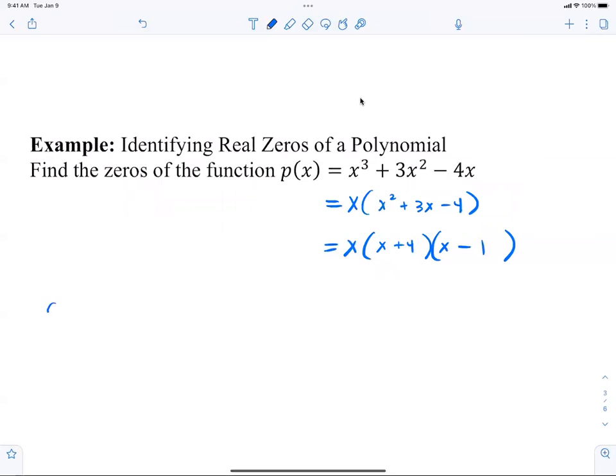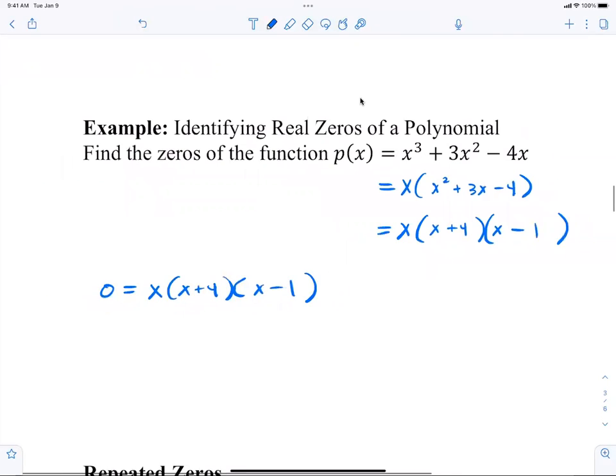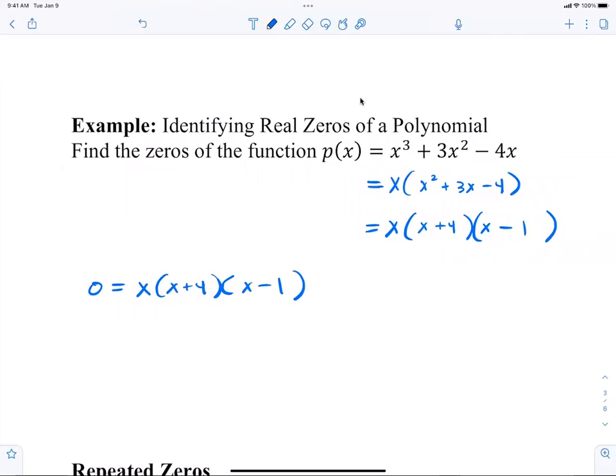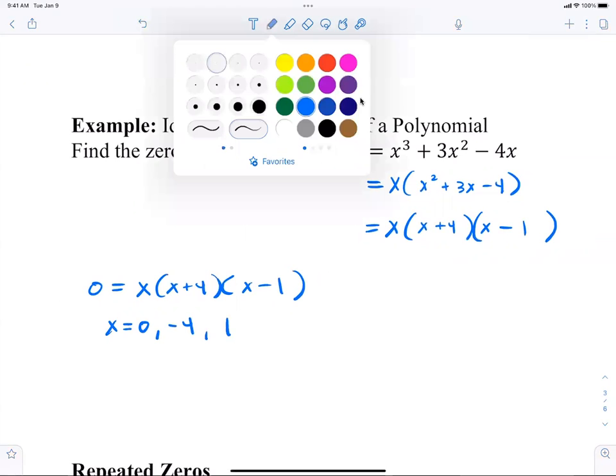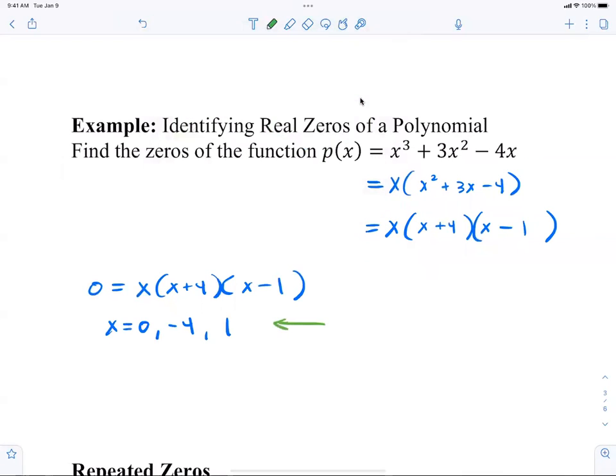So if we were to set that equation equal to 0, so set p of x equal to 0, by the zero product property, you would say that x is equal to 0, -4, or +1. These are the solutions or the roots to that equation. And we are solving this equation.